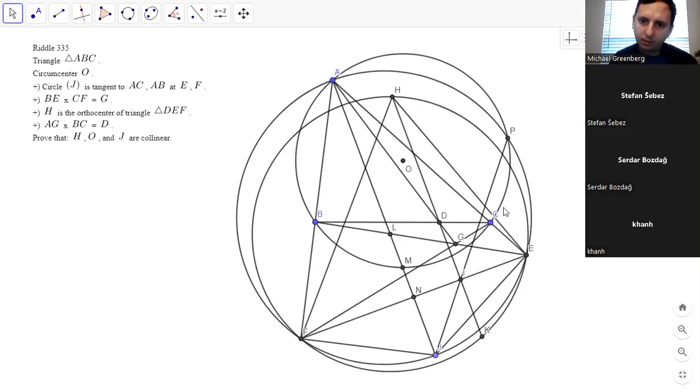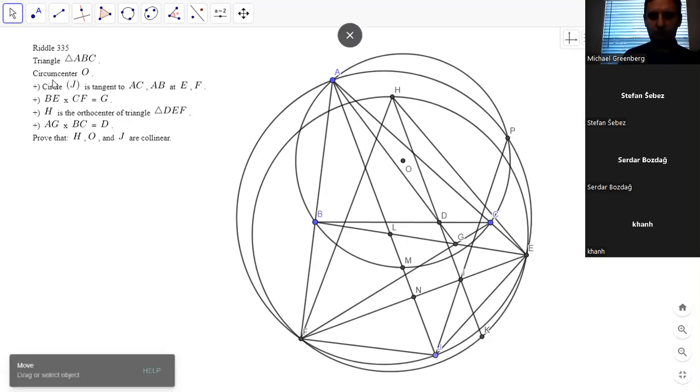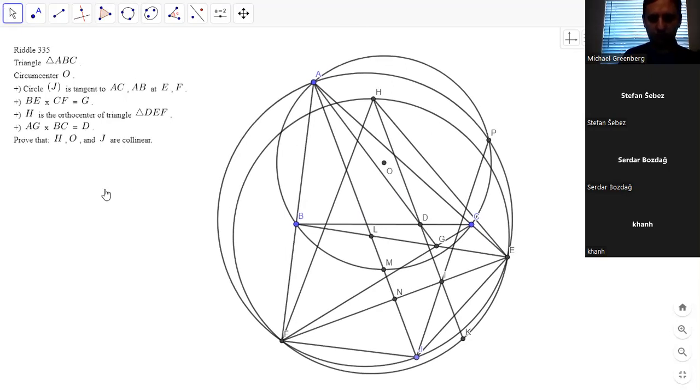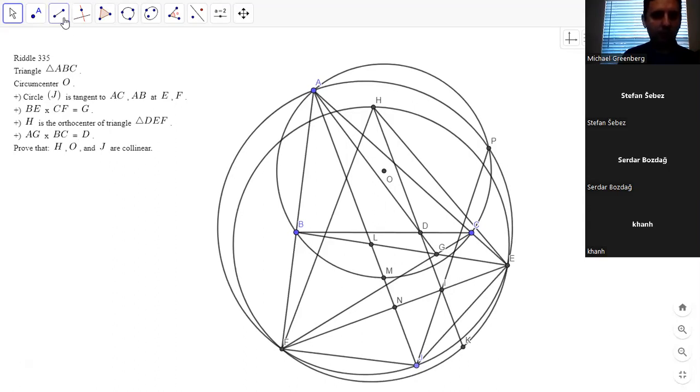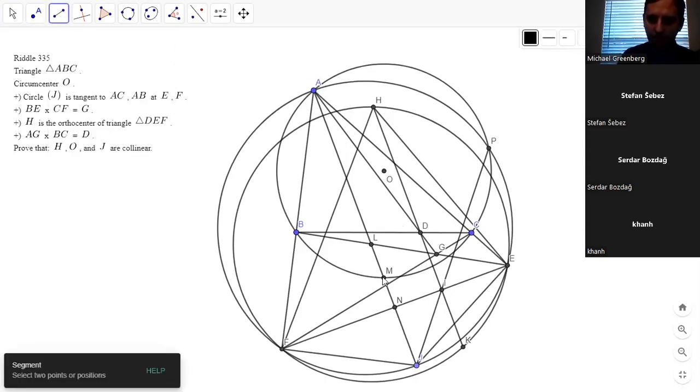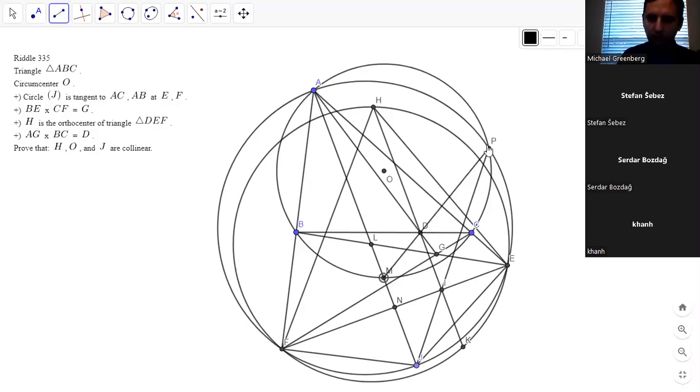Yeah, that's projective. That's a well-known fact. If you intersect BC with EF, you can see it. That is harmonic. Okay, so that proves that P, I and J are collinear. Also, M, D and P are collinear. Very interesting.